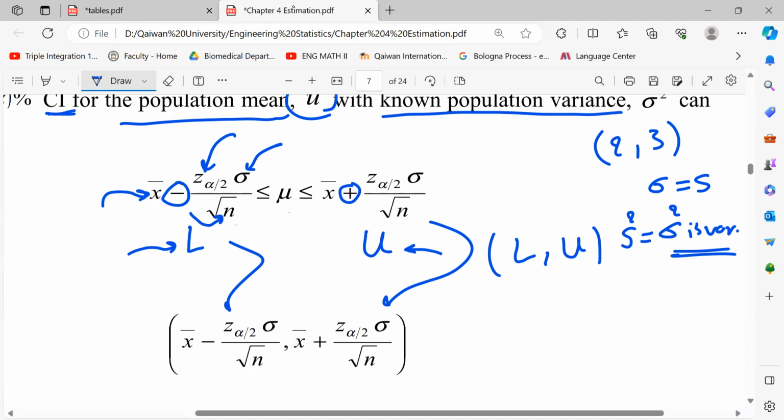Just replace X bar by its value, N by its value, Z by its value, and sigma by its value. Then calculate using a calculator. That's all. If you know the rule, it's easy to solve the question. You should know these rules.